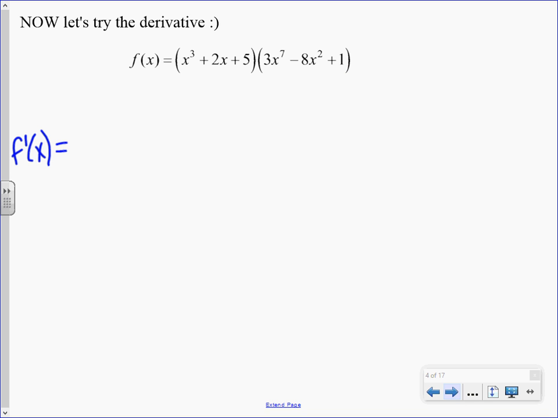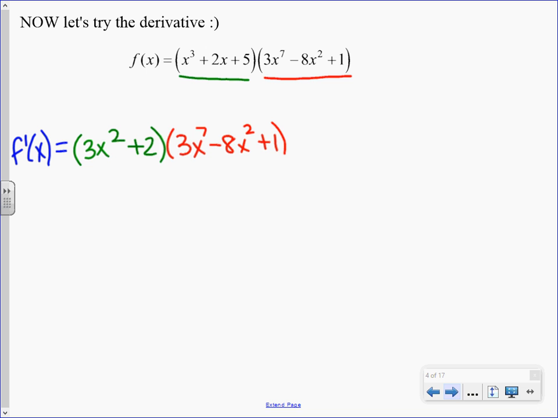So for our derivative, I'm going to use some color coding here, green and red. We are going to take the derivative of the first function, 3x squared plus 2, and multiply it by the second function. So this is the derivative of the first times the second.